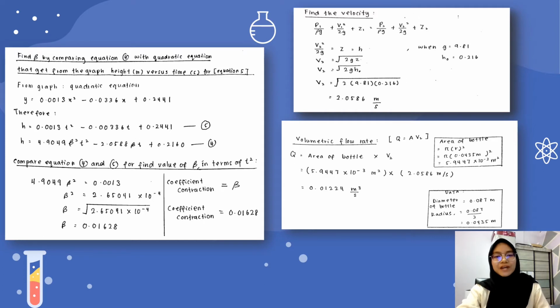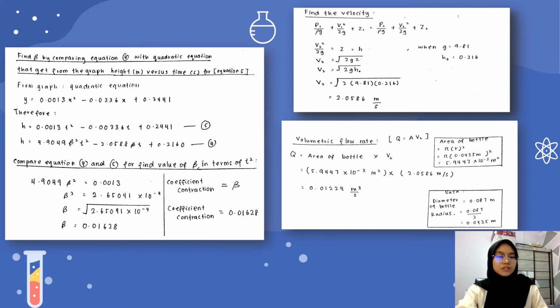Next, to find the beta, we must compare equation 4 with the quadratic equation that we can get from our graph, which is equation 5. By comparing this beta in terms of t squared, we can get our coefficient of contraction.